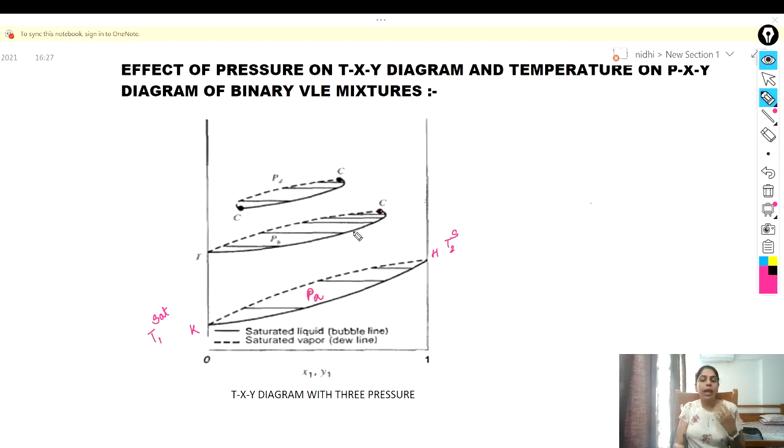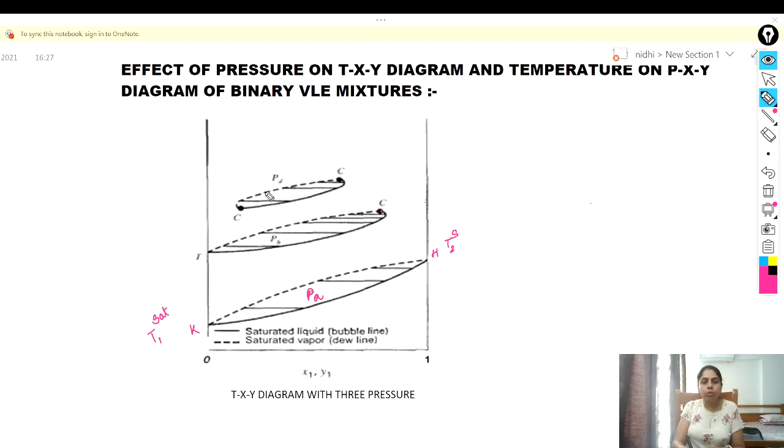As you further increase the pressure, the critical temperature of both components is attained, and you are not in a position to reach both sides. Now you cannot touch this axis as well as here.